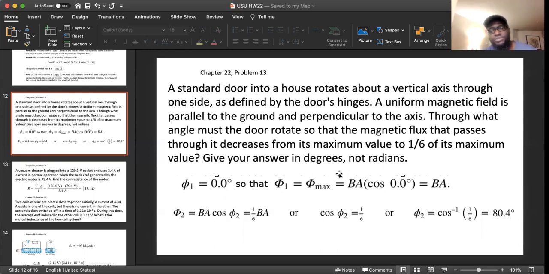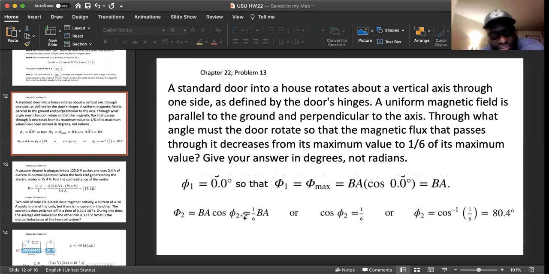They're asking us to find when the flux decreases from its maximum value to 1/6 of its maximum value. So we are looking for BA cosine phi 2 such that it gives us 1/6 of the maximum value, which is BA. The maximum is when the angle is 0, and cosine 0 is 1. So how do we get 1/6 of BA? What angle gives us that?